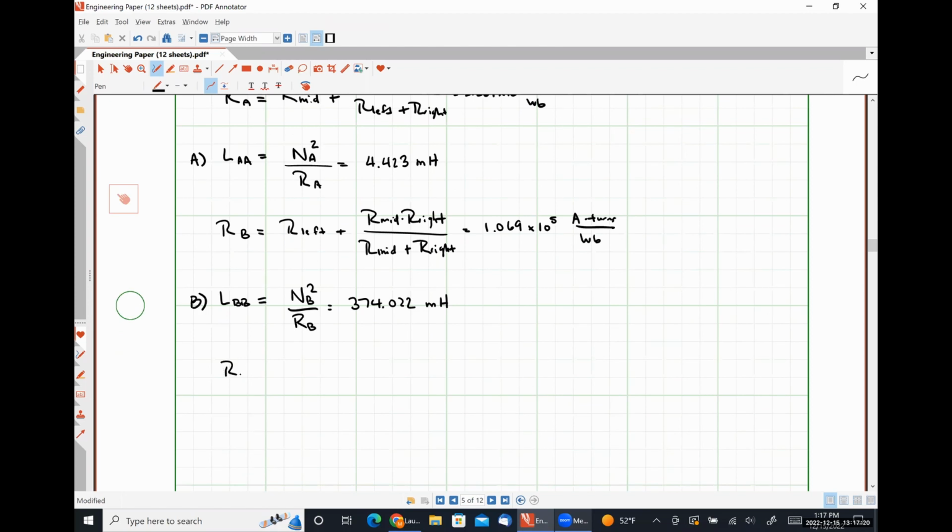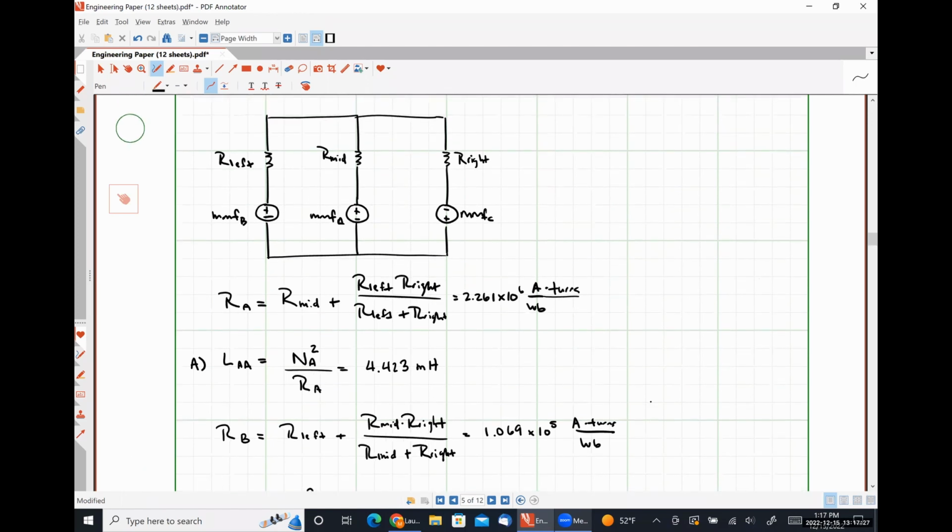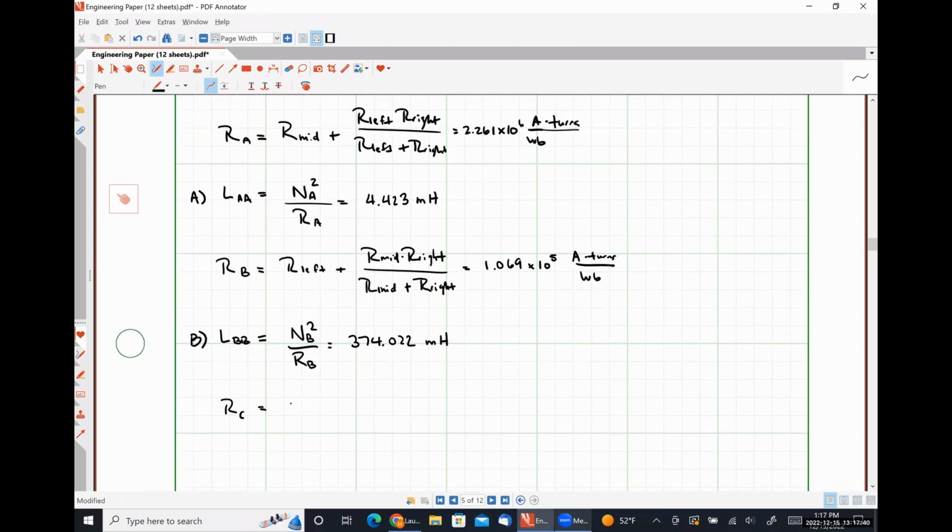Now, what is the equivalent reluctance seen by coil C? Yep, so R right plus R mid in parallel with R left, which is the exact same thing as R left plus R mid in parallel with R right. So I'll just write that down. R right plus R mid times R left over R mid plus R left.